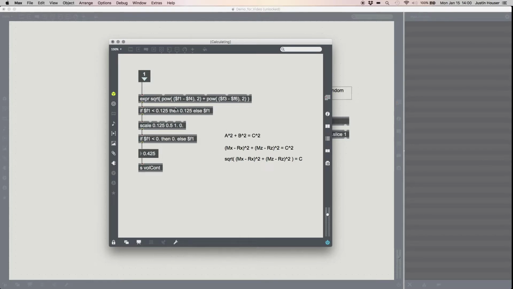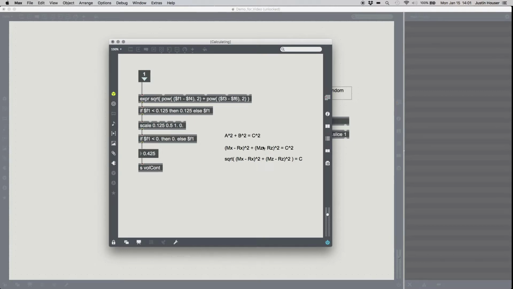So using those straight line coordinates, we can determine how far away something is. That gives us this equation, which is the Pythagorean theorem. In order to determine how far away things are, first we look at the difference between each linear point. So we find the difference between the x coordinates, then the difference between the z coordinates.